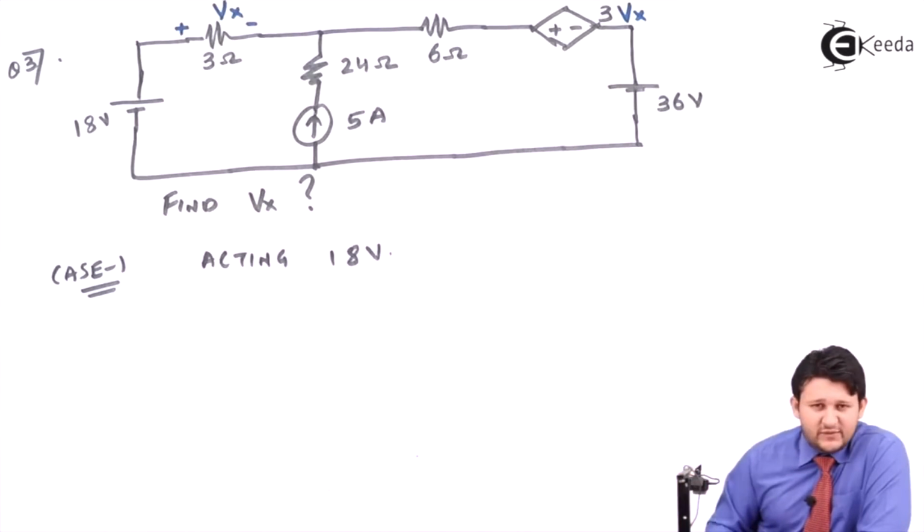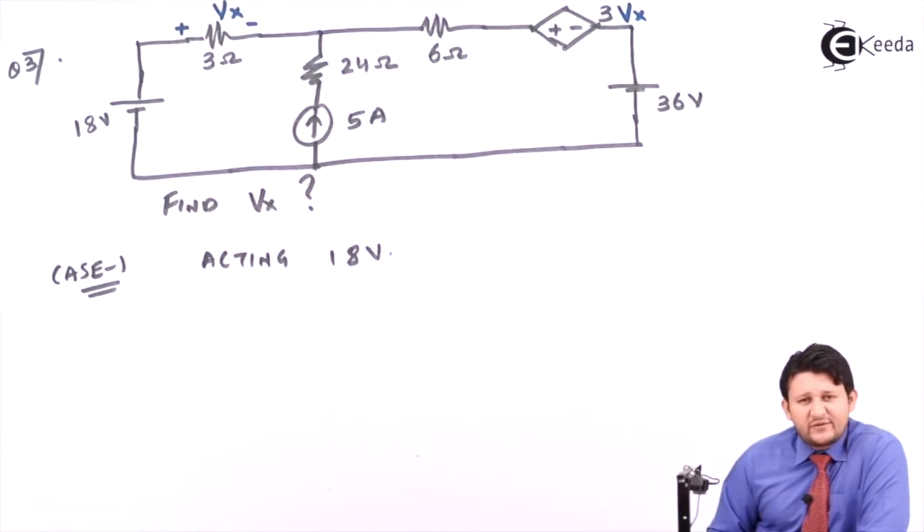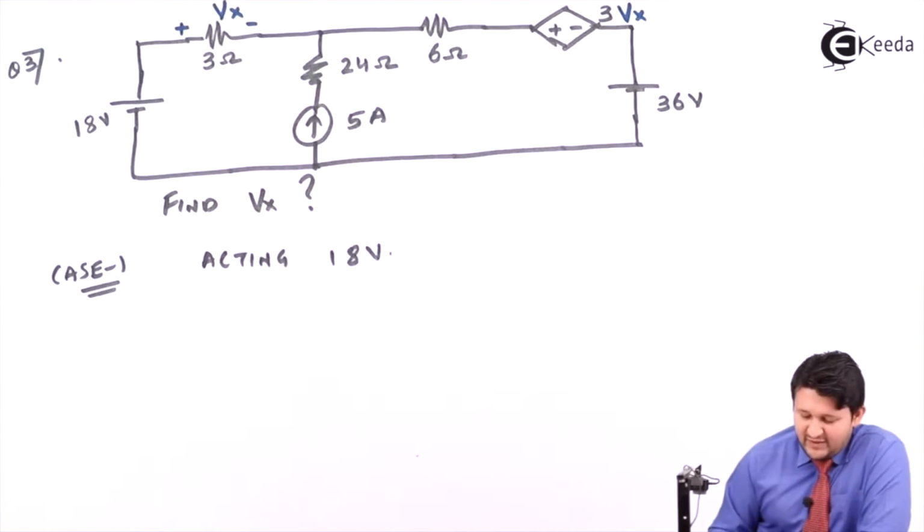When I talk about voltage source, the internal resistance is zero, so we short the voltage source. And when I say current source, the internal resistance is infinite, so I open circuit the current source.